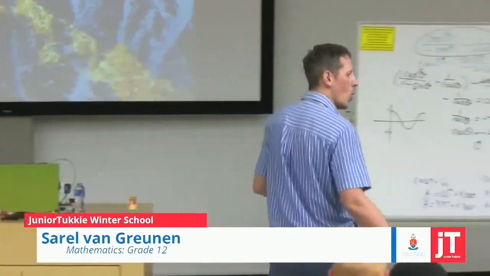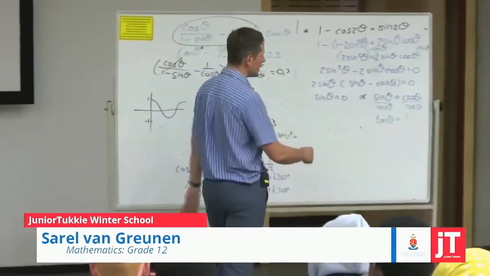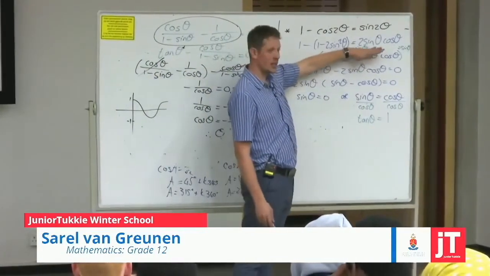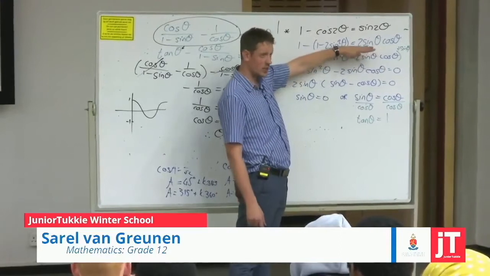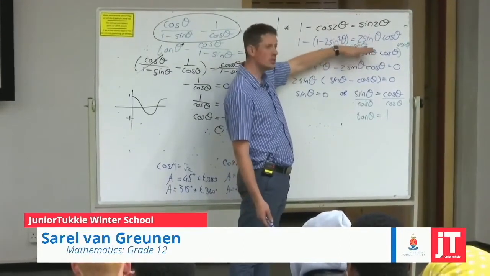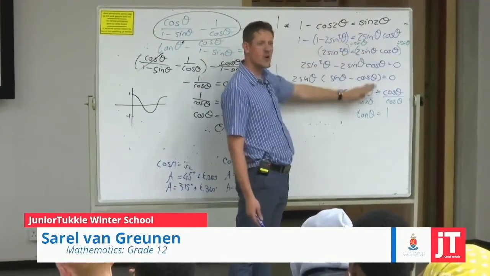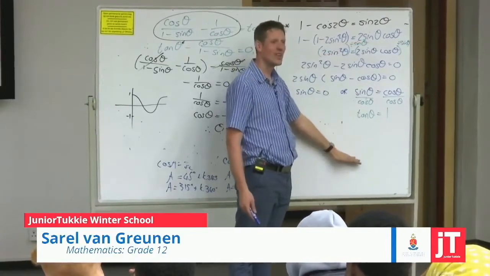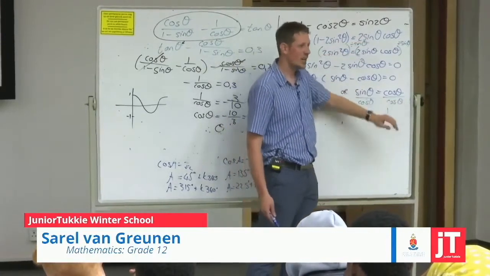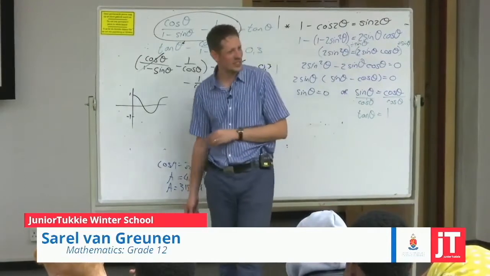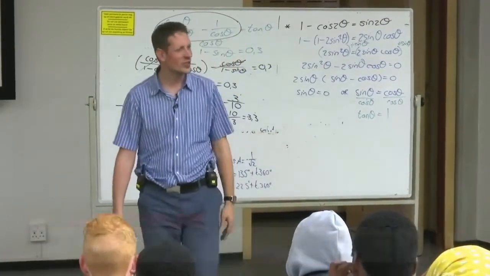But now my question to you guys that I want to pose is, why, when I divide by a sine theta, a trig function here, I give you 0 for the rest, but here I'm allowed to divide by a trig function?